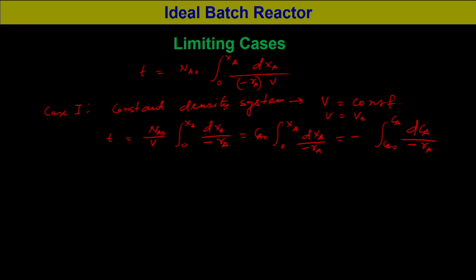So, for a constant density system, epsilon A is equal to 0.